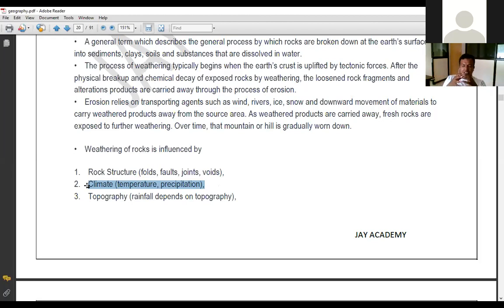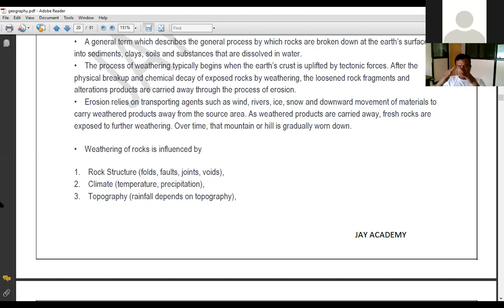Because of this high difference between the high temperature and the low temperature, there is more weathering, or more breaking down of the rocks. Because during the daytime the temperature is very high and during the night it is very low, and because of this continuous contraction and expansion the rocks are broken down. Got it? So precipitation, the amount of rainfall, and temperature also influence the weathering of the rock.